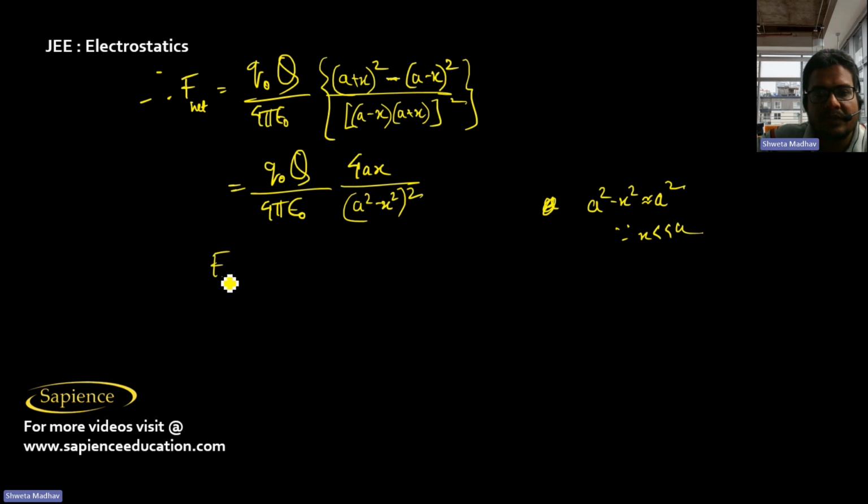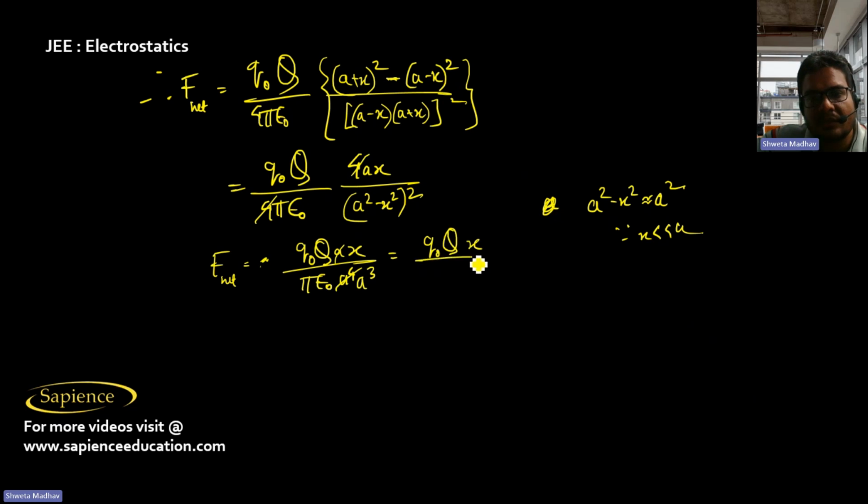So the net force is approximately, the 4 will cancel, q naught q a x by pi epsilon naught into a power 4, so a cube will come. So it is q naught q by pi epsilon naught a cube into x.